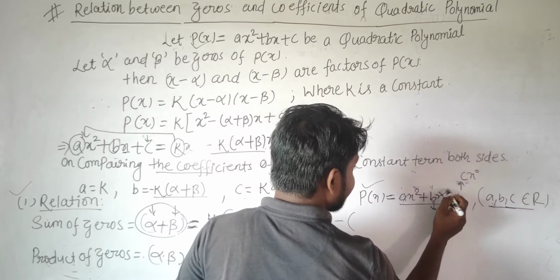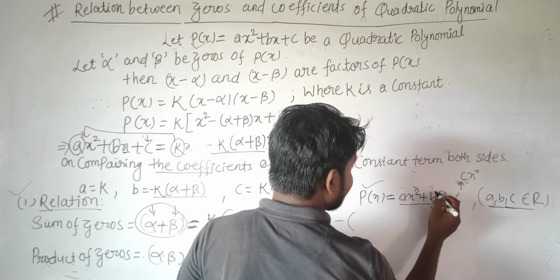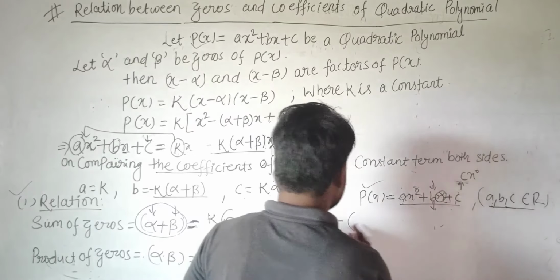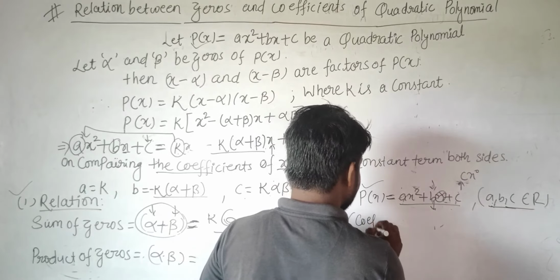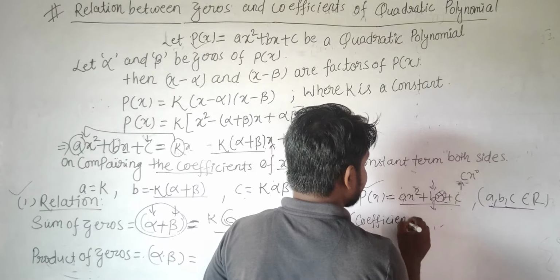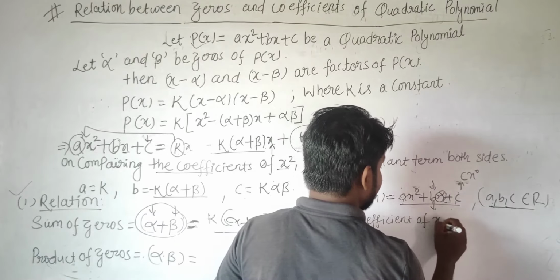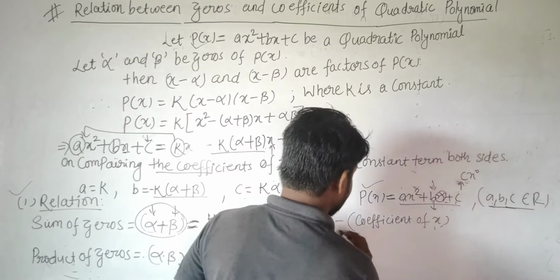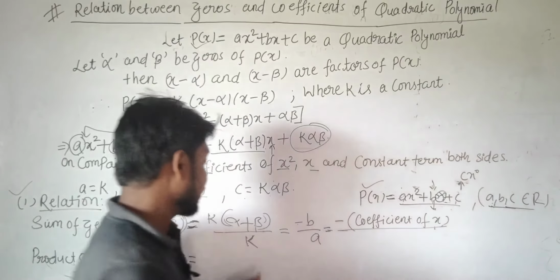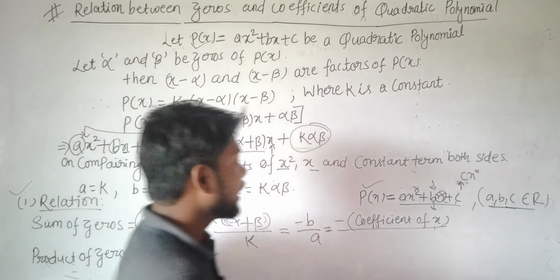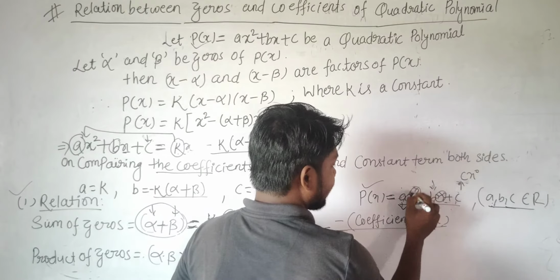B is the coefficient of x in our quadratic polynomial, and a is the coefficient of x square.